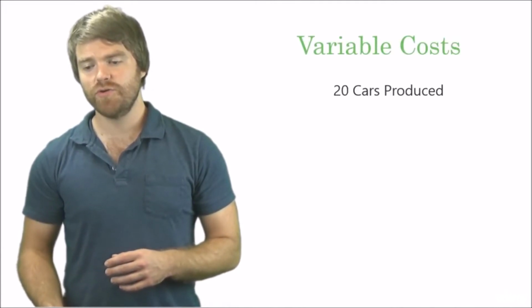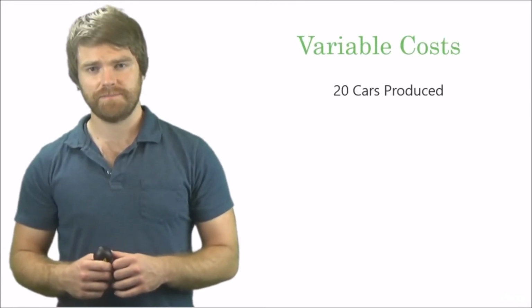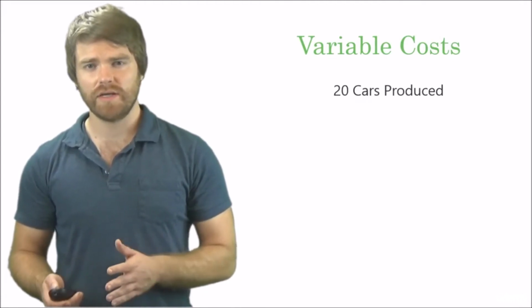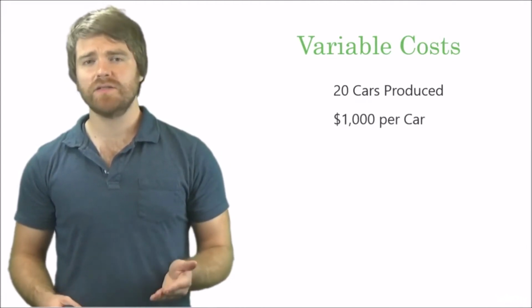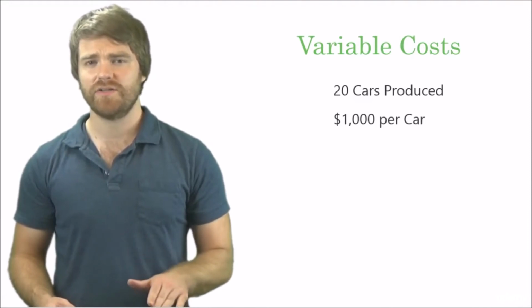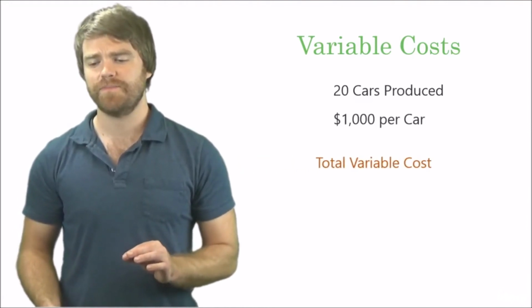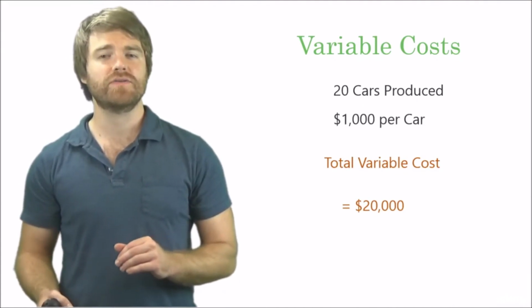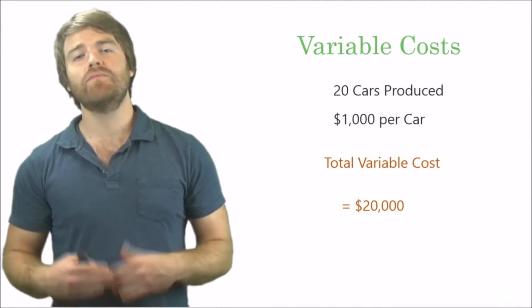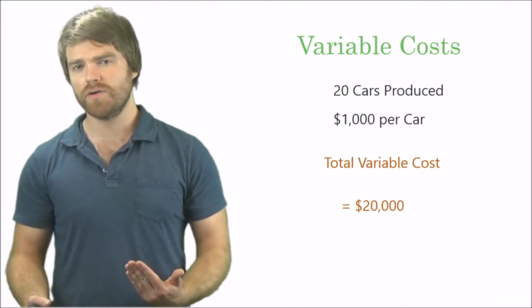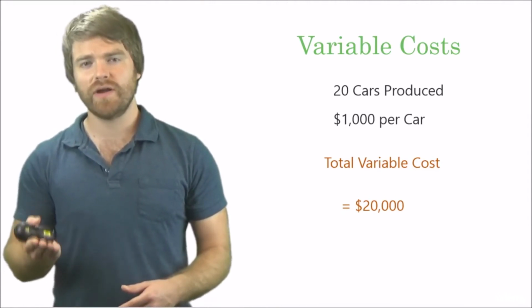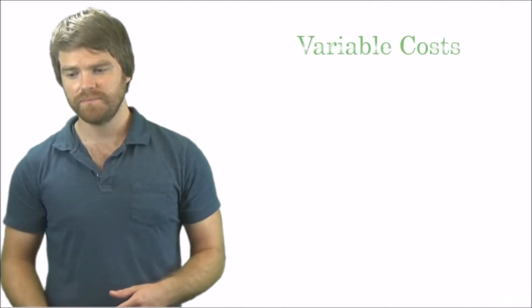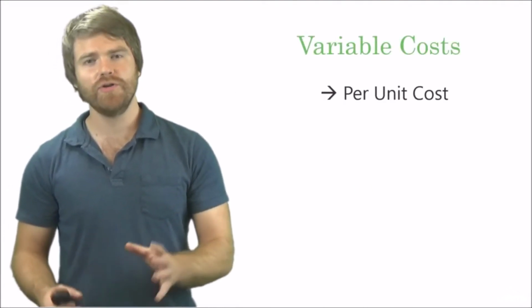Now let's say this. Let's say that you produce 20 cars. Okay? So you went from 10 to 20. Now remember, it's still $1,000 per car. That hasn't changed. But what does change? Total variable cost changes. Now it's $20,000. So the idea is that the more you produce, the more cars, the higher your total variable cost. Let me break that down for you. So your per unit cost, right?